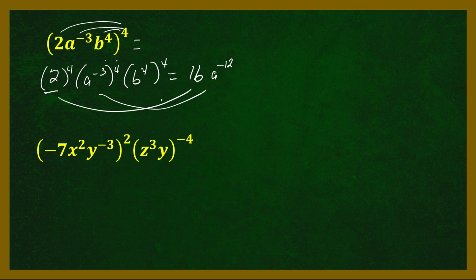Okay, and last we have b to the fourth power raised to the fourth power, and we'll get b to the 16th power. Okay, now we can simplify this even further. Now if you look at this term here, a to the negative 12th power, that can be simplified using the negative law of exponents.